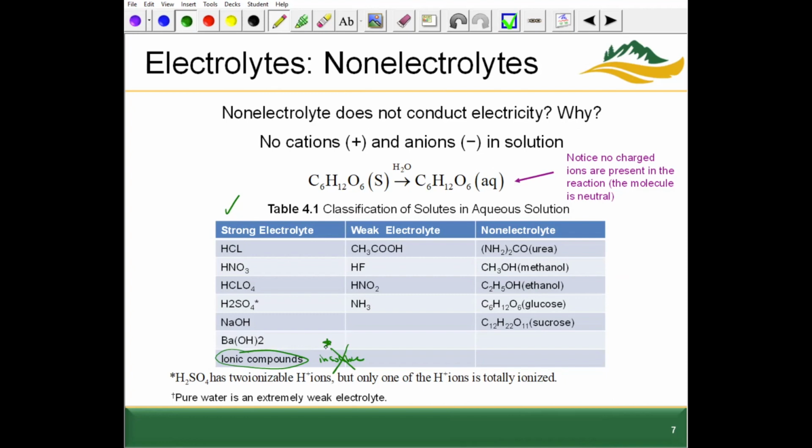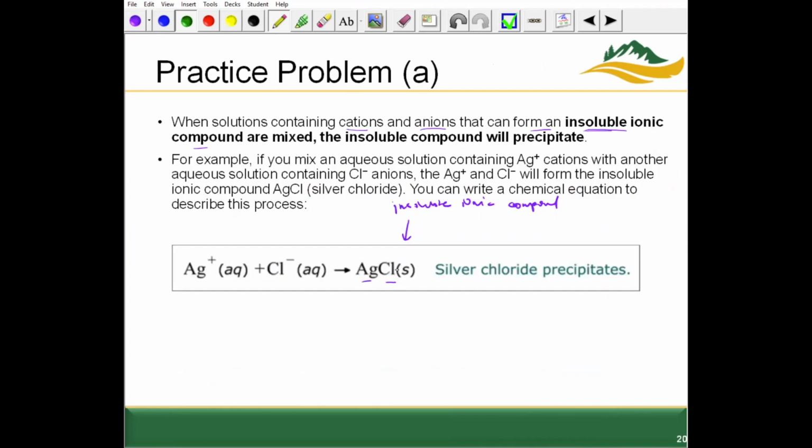So this is an exception to the rule that does add this layer of complexity. So technically this is an ionic compound, but it's insoluble. So this would actually not be a strong electrolyte. Okay, so to clarify that point, this would not be a strong electrolyte. Although it is an ionic compound, it forms this insoluble ionic compound.